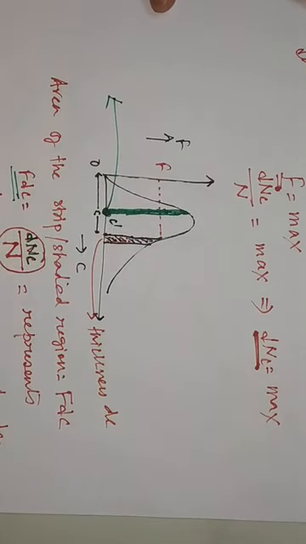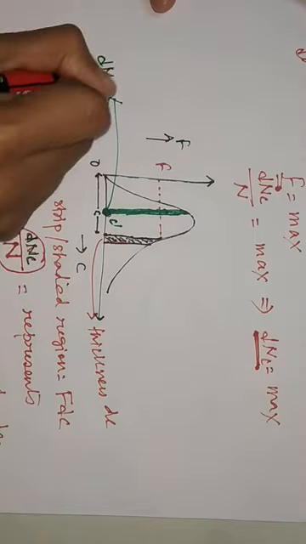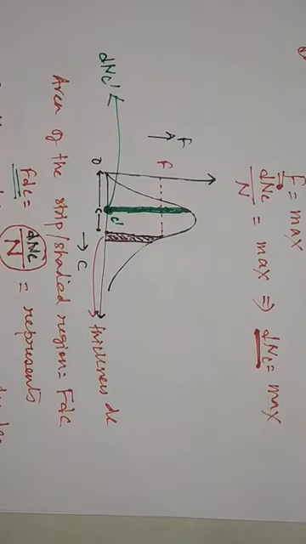Thus, from the distribution curve we can find how many molecules, say dn_c', are moving with the velocity c'. That's why it is called a distribution curve: you can find how many molecules are moving with different velocities, or how the velocity is distributed among the molecules.